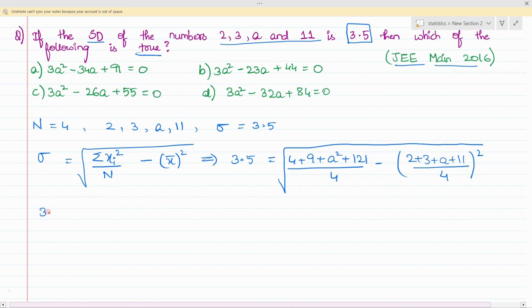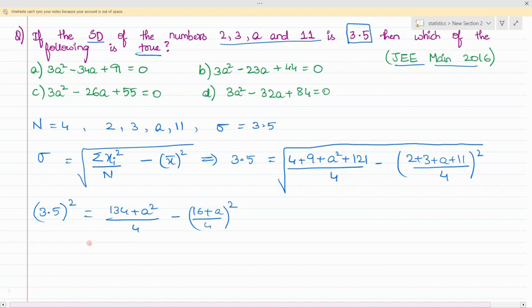Now just square it on both sides so that we can remove the root over here. So inside it becomes 121, 9, 130, 134 plus a square upon 4 minus 11, 16, 16 plus a upon 4, whole square.